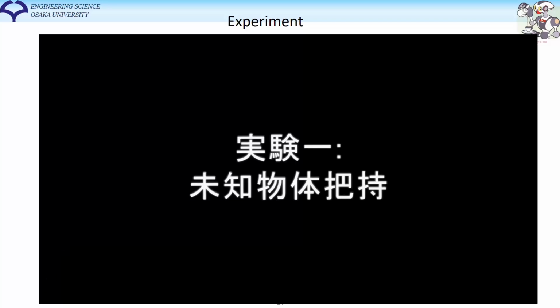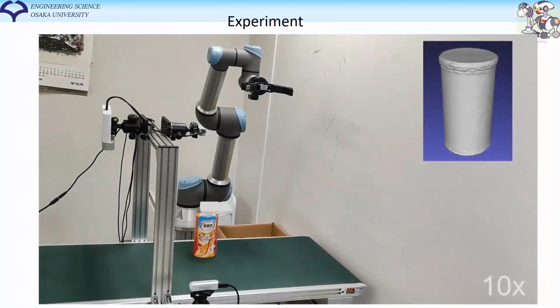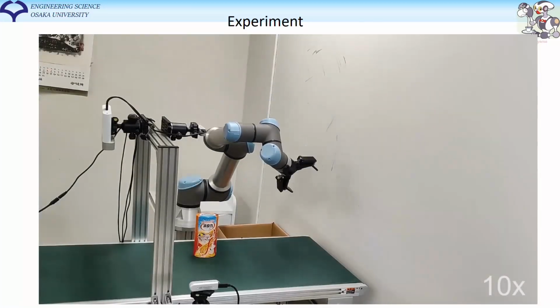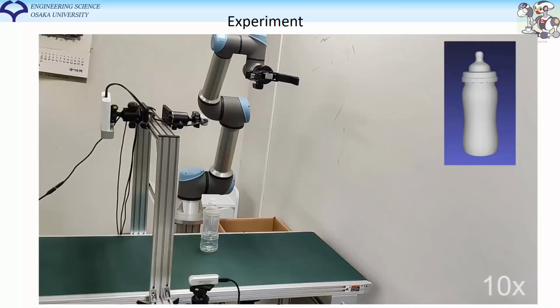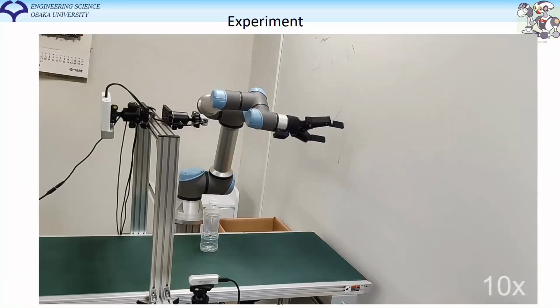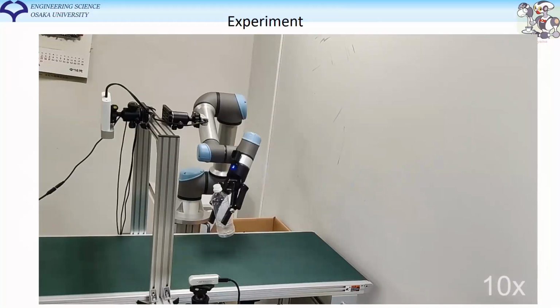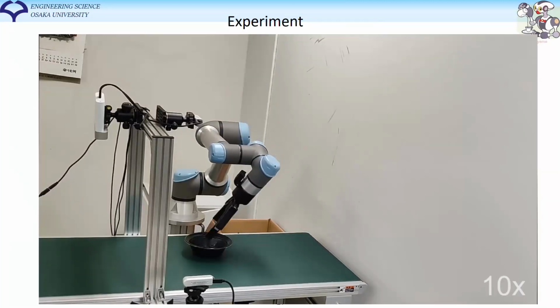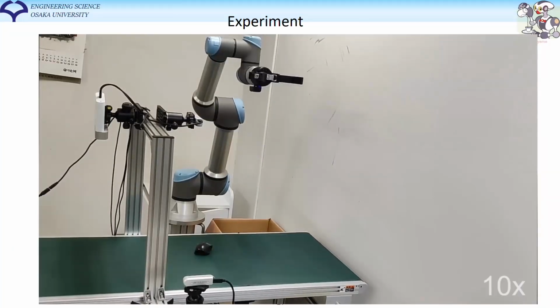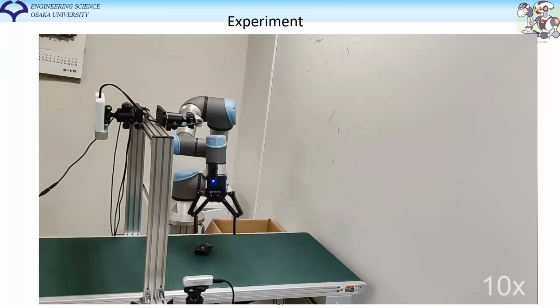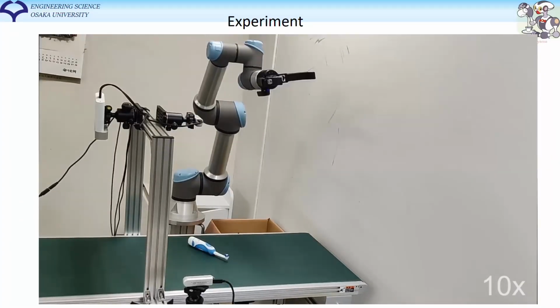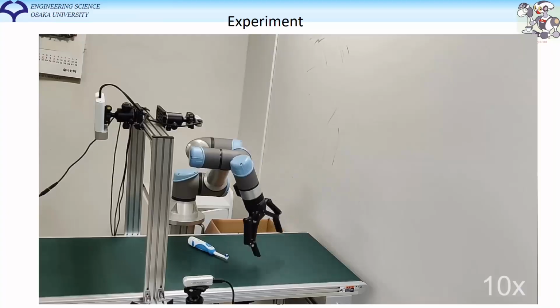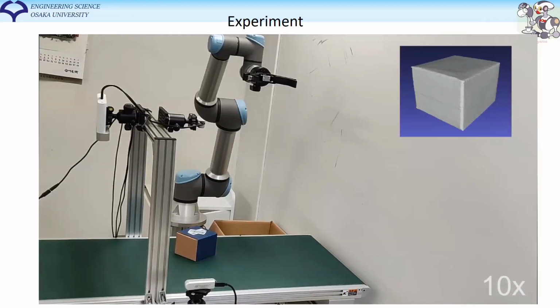This is the experimental result. This is an example of grasping a PET bottle by using the model of a baby milk bottle. And this is an example of grasping a dish by using a different dish. This is an example of grasping a computer mouse by using the model of a dolphin, and so on.